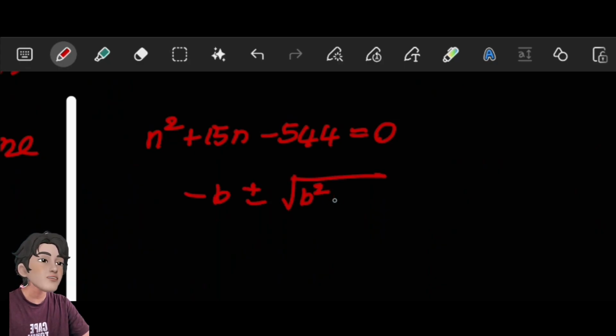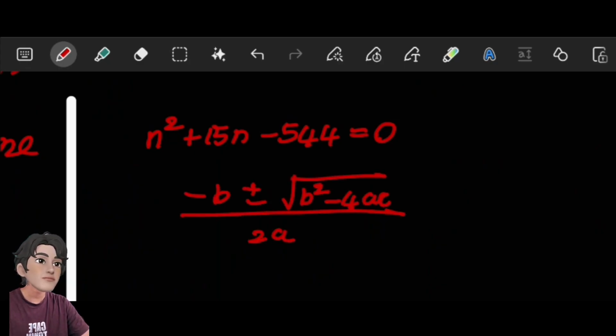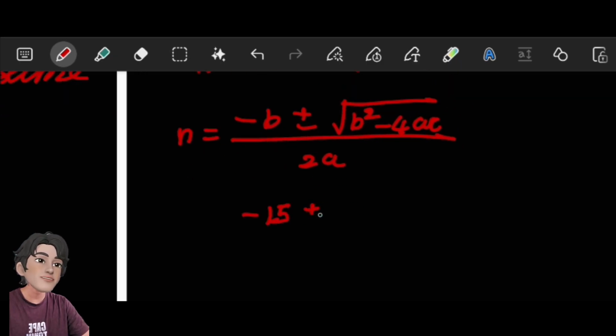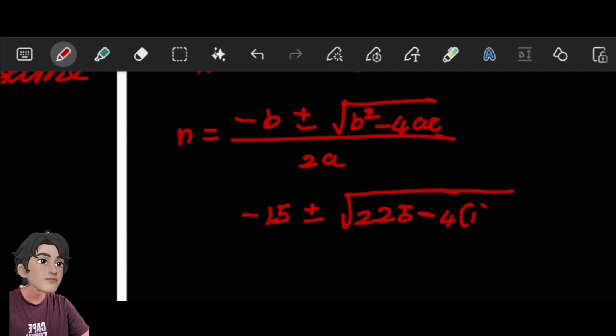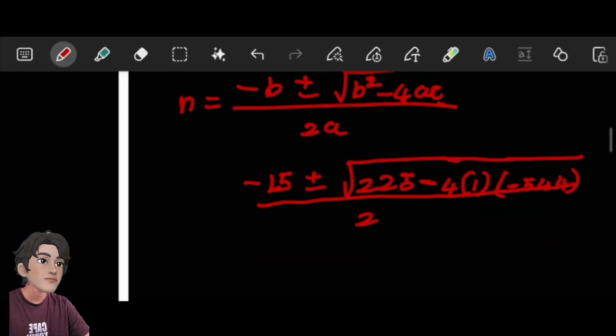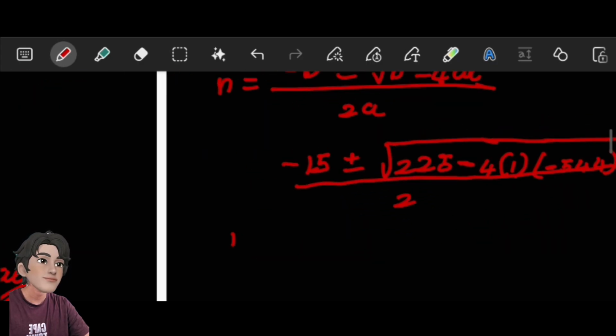Now substituting into the quadratic formula, we would be getting the number of days, as n is the variable in this quadratic equation. The denominator is 2.